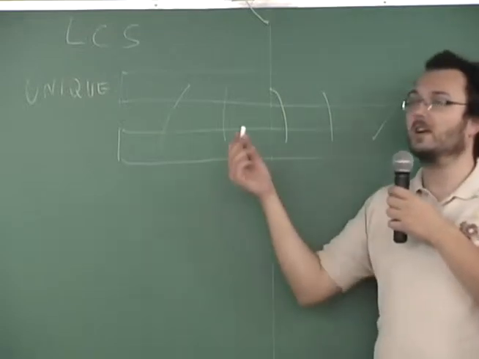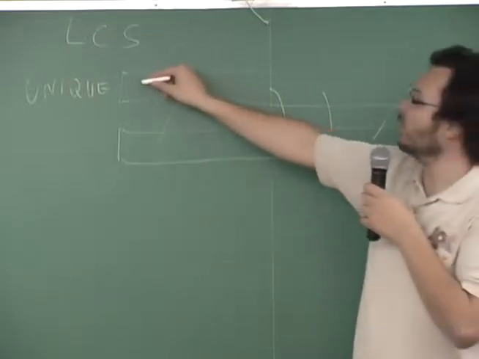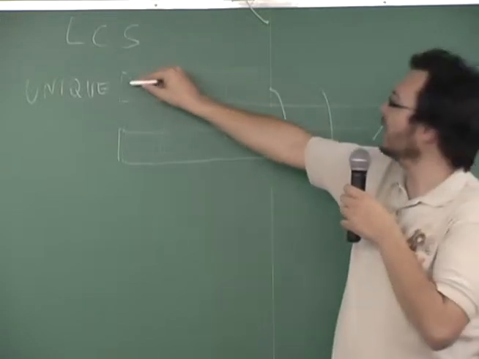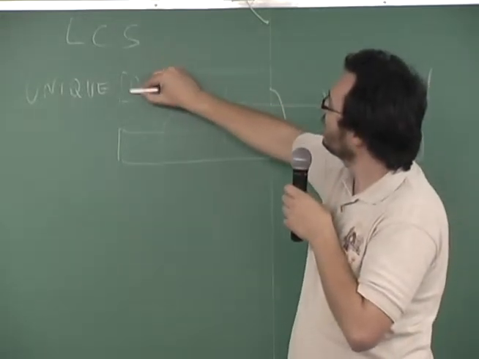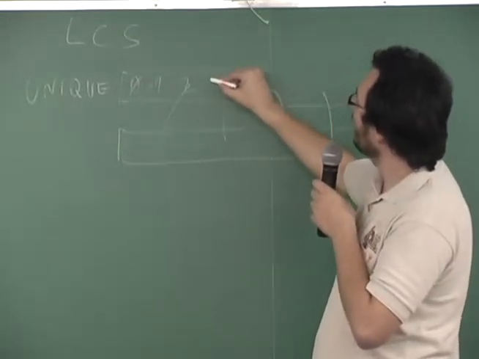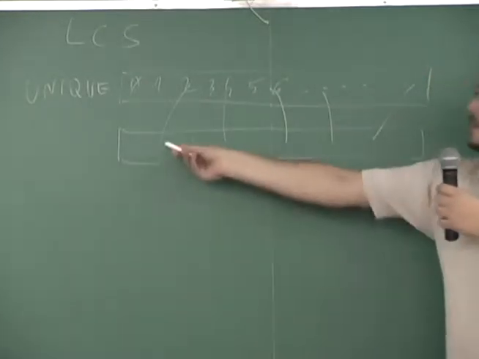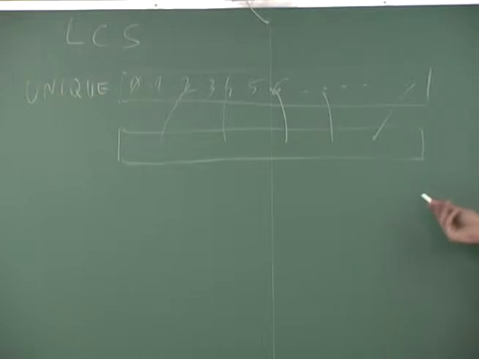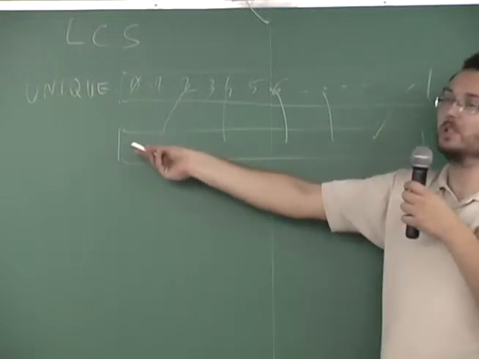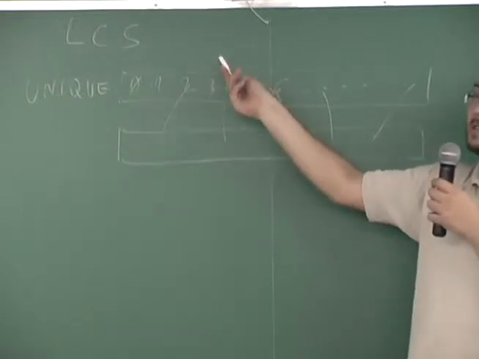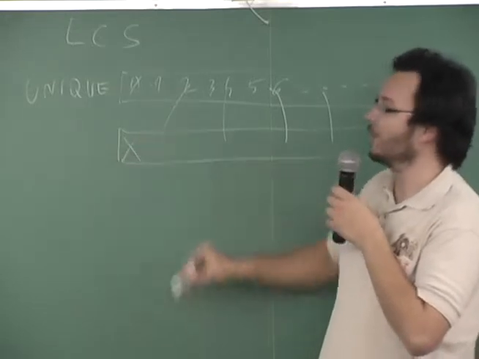So the trick here, what we can do, is we can relabel the items. So we can number this sequence 0, 1, 2, 3, 4, 5, 6, and so on. And for the second sequence, for each item, we can check whether it is contained in the first sequence. If it is not, we can simply throw it away.